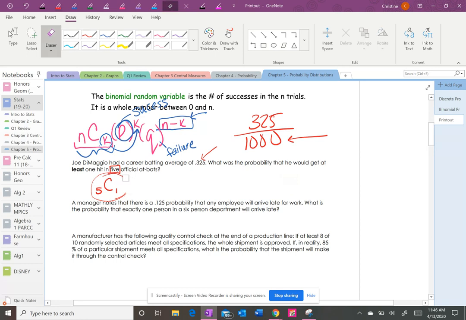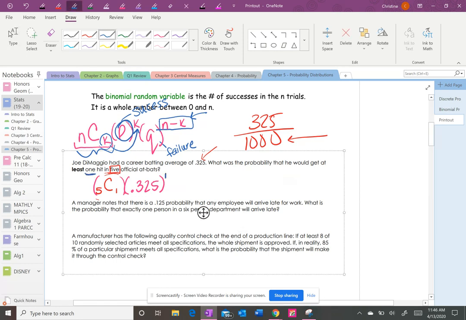Okay? And then all you're going to do is this. What is the probability of success? The probability of success is 0.325. How many times do you want him to be successful? You only want him to be successful 1 time out of 5.